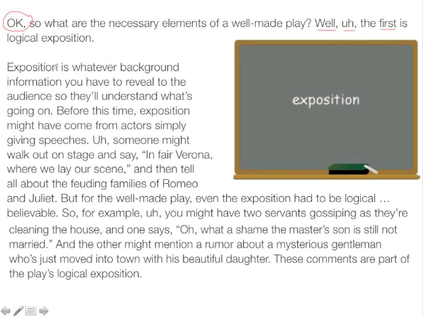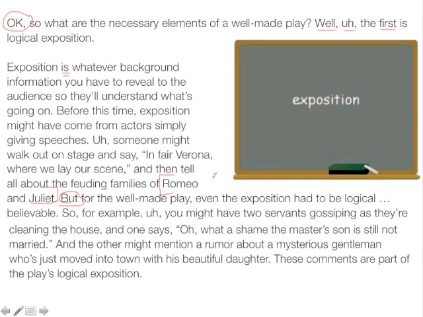So, and then notice exposition is, using again a very common definition signal, and this is information that you have to reveal. Now, as we said, exposition usually came from the actors giving speeches. So, notice here though, but for the well-made play. So already the question about Romeo and Juliet would be wrong.